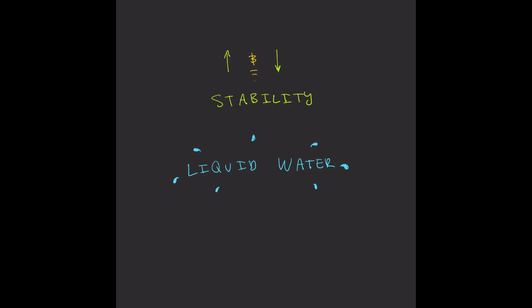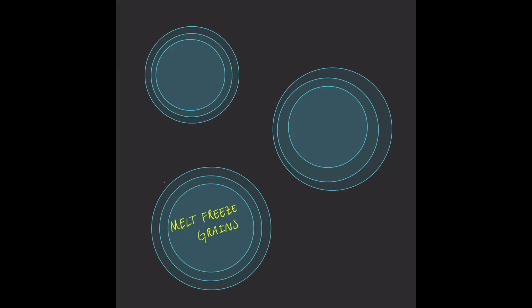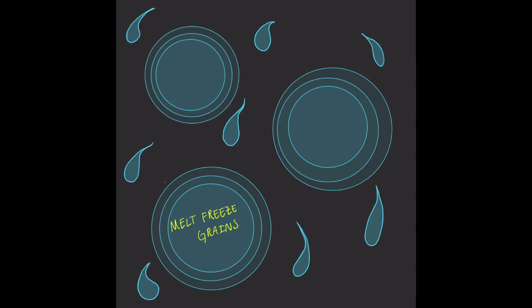So let's dig into this a little bit and imagine a snowpack made up entirely of melt-freeze grains. During a warm spring day, these grains are going to be well into the melt portion of melt-freeze metamorphism, which means that they're sharing the snowpack with a lot of liquid water.